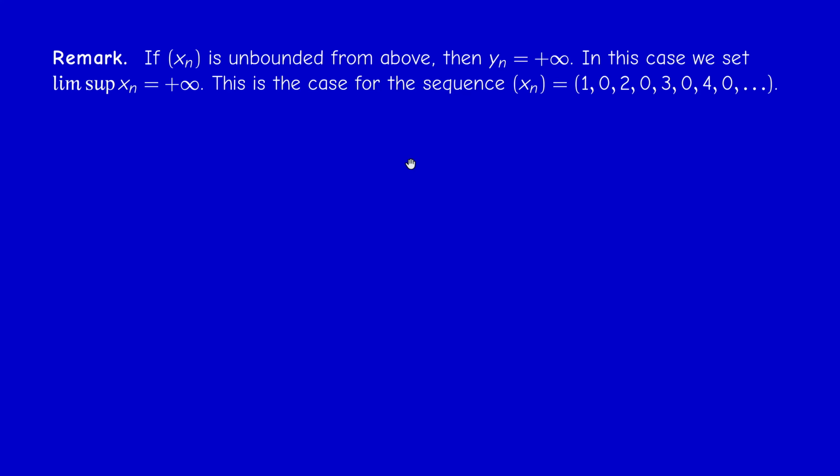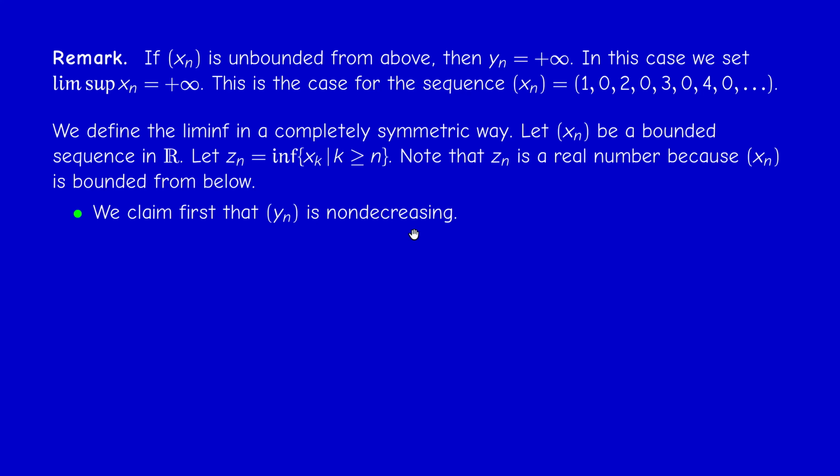Now, by symmetry, we see that zn is non-decreasing, so it's increasing if you like, but in the large sense. Why? For the same reason. This set is contained in the next set, so the infimum is in the reverse order. When the set gets bigger, the infimum gets smaller, right?